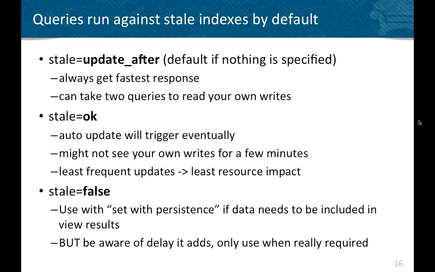So if you're doing something like a leaderboard that's really popular, your top 20 players or something in a game, that's when stale equals OK is best, because a user is going to be fine if it takes 20 seconds before their win shows up in the leaderboard. Now stale equals false is the one to use if, say, you wanted to show a user that the blog post they'd just written is visible on their blog right after they save it.